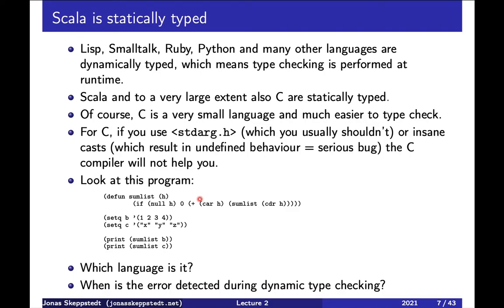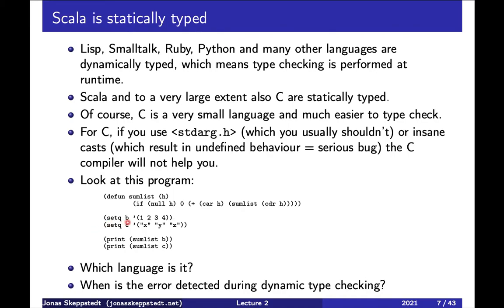What we will do now is look at a small program and see when a compiler is forced to complain about the types. So if we have this program, here is a quiz: which language is it? We define the function sumList, which will sum the values stored in the list.